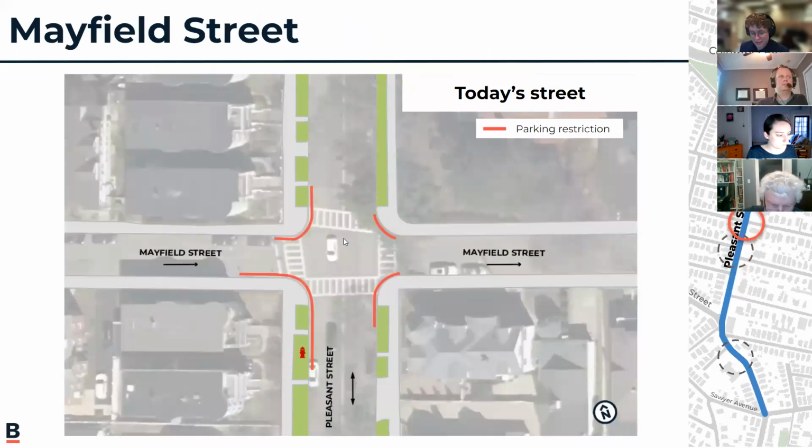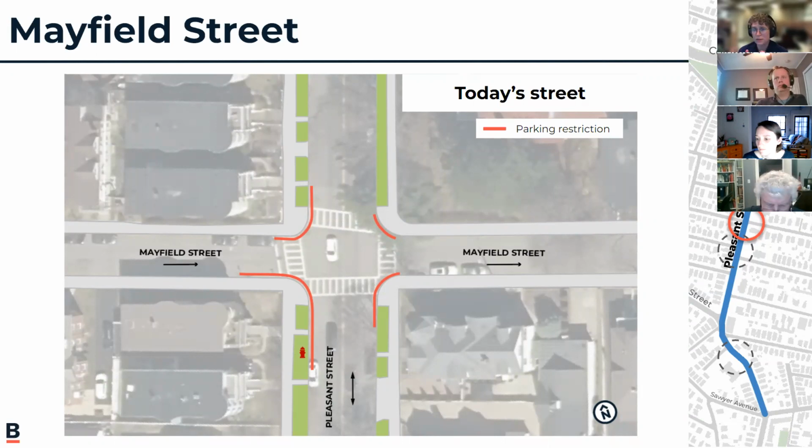All right, so the next is Mayfield Street. So today there are crosswalks on all 4 legs of the Mayfield Street intersection. At the same time, none of the ramps are compliant with ADA accessibility. In addition, residents raise concerns about motor vehicles not slowing down at this intersection.